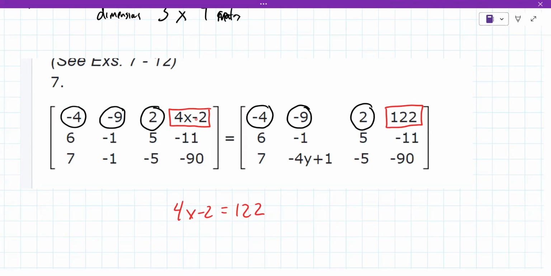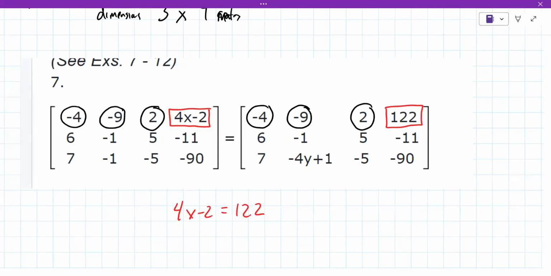Will you solve that equation for us, please? Okay, x equals 30.